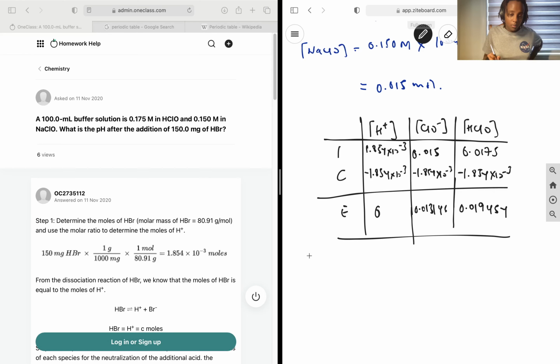Okay, and then now we're going to use the Henderson-Hasselbalch equation in order to find the pH, and we need to note down that the pKa of HClO is equal to 7.54. And the equation states that pH is equal to pKa plus log A minus over HA.